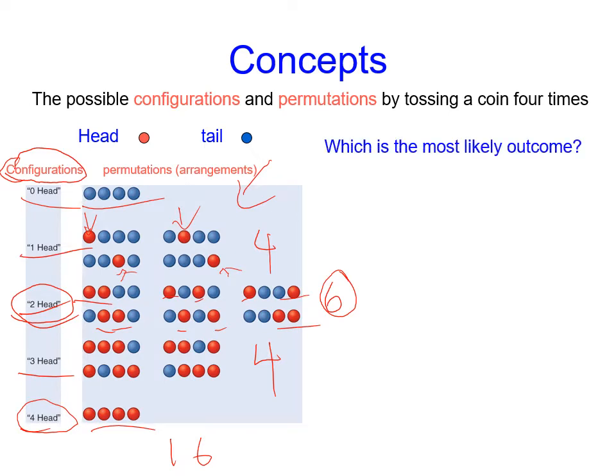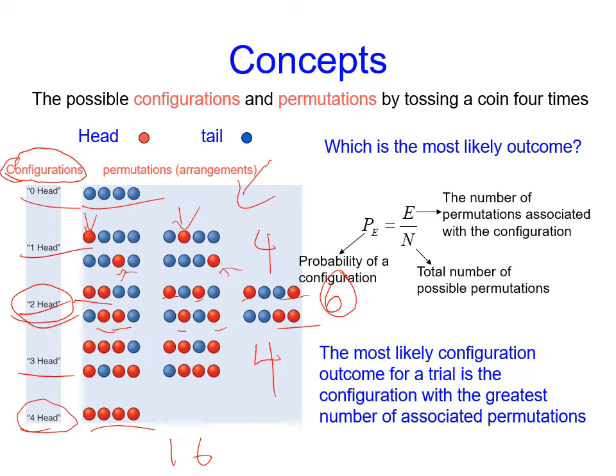We can calculate the probability of a configuration. This is calculated by the number of permutations associated with this configuration divided by the total number of possible permutations. For example, for the probability of 0 heads, you use the number of permutations of 0 heads, which is 1, divided by the total number of possible permutations, in this case 16.